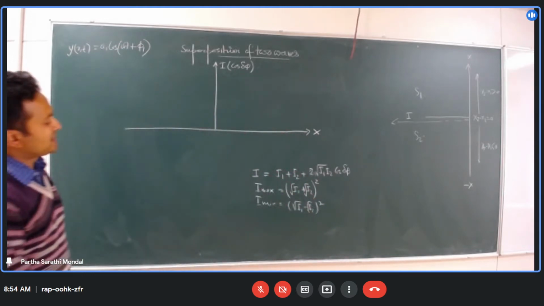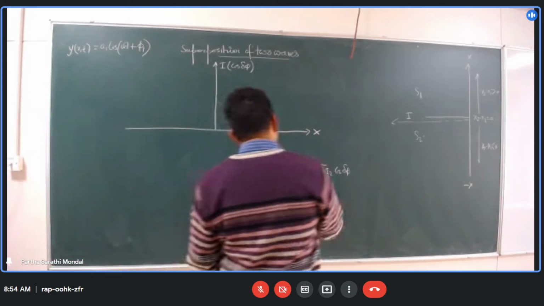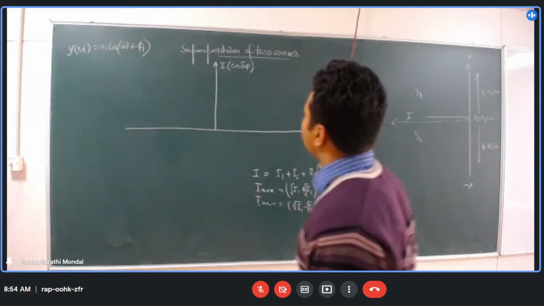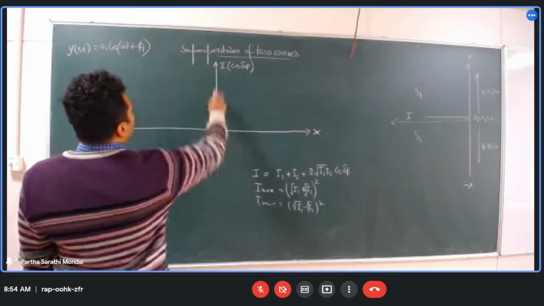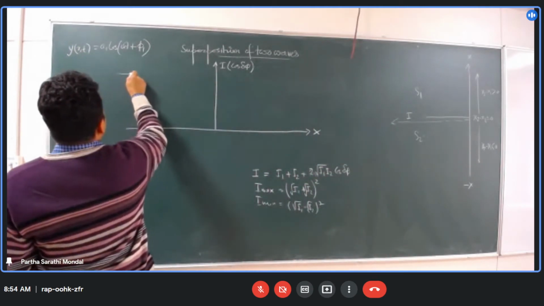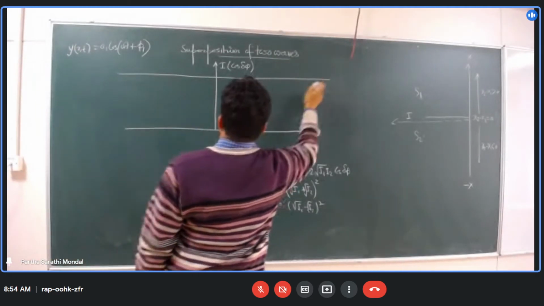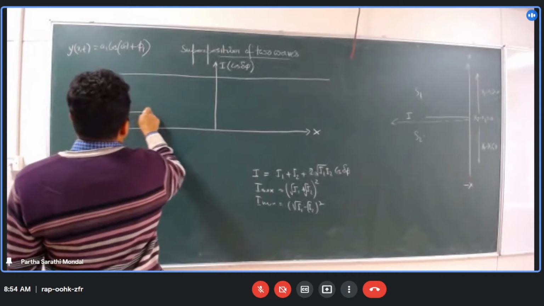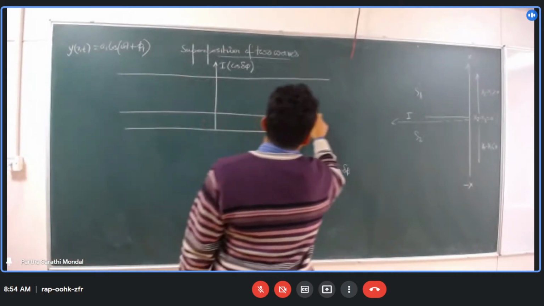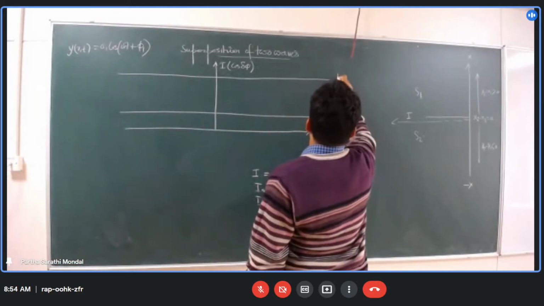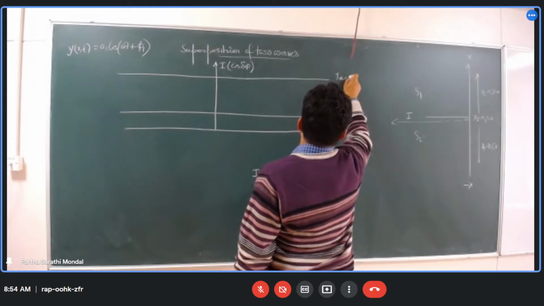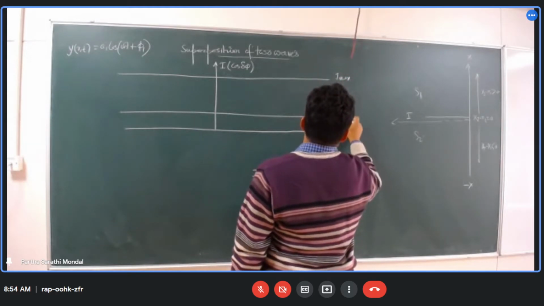Okay, so that means it is just a cosine variation. Okay, so if I plot this one, the intensity will swing between I max and I min. So let's say this is I max and this is I min.